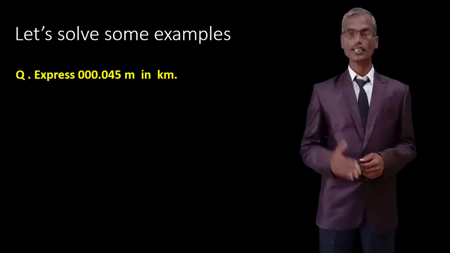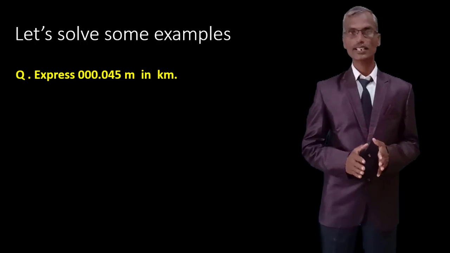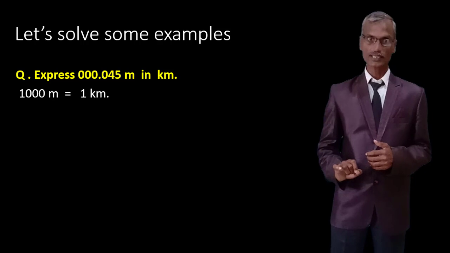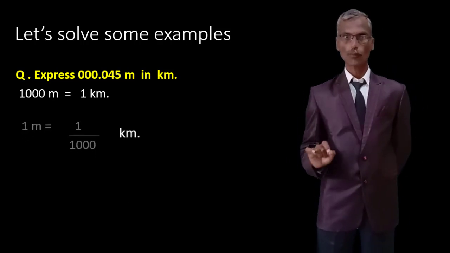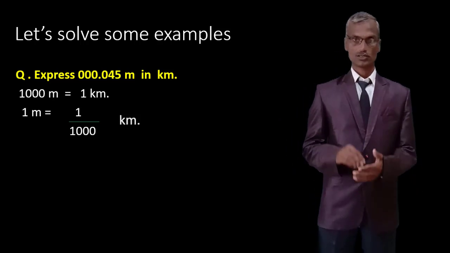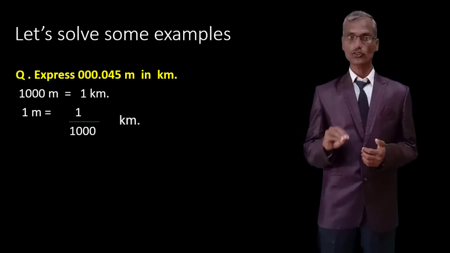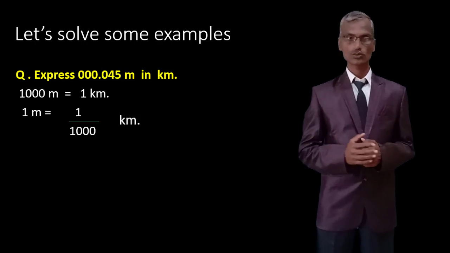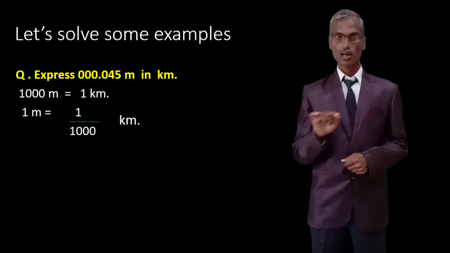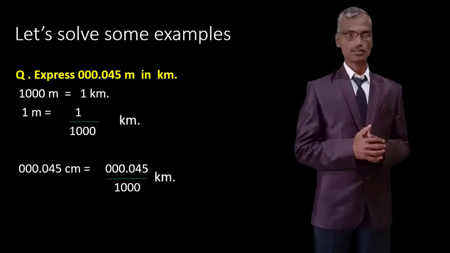Next question: express 0.045 meter in kilometer. You know that 1000 meter is equal to 1 kilometer. Therefore, 1 meter is equal to 1 upon 1000 kilometer. Thus, 0.045 meter is equal to 0.045 divided by 1000 kilometer.